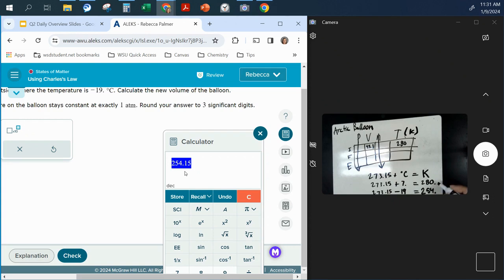So these both have 3 sig figs. So we check the sig figs once it's in Kelvin. So now these both have 3 sig figs.